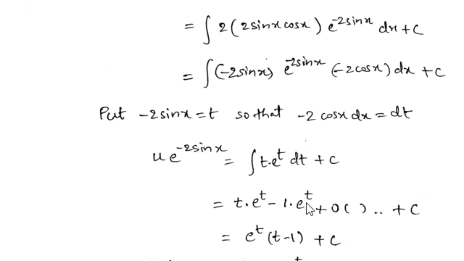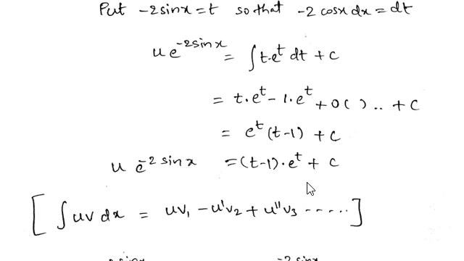For this you can expand by using Bernoulli's rule or the integral of uv rule. We know that the integral of uv dx is equal to u into v1 minus u dash into v2 plus u double dash into v3 and so on. Here the suffixes 1, 2, 3 indicate integration, and u dash, double dash indicate differentiation.